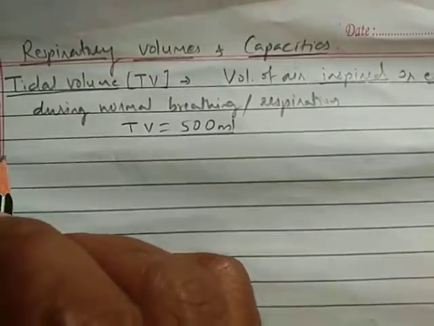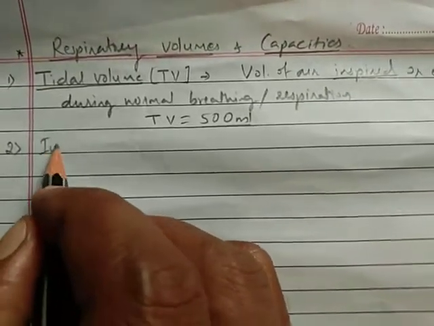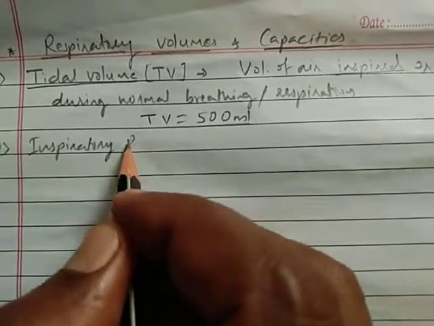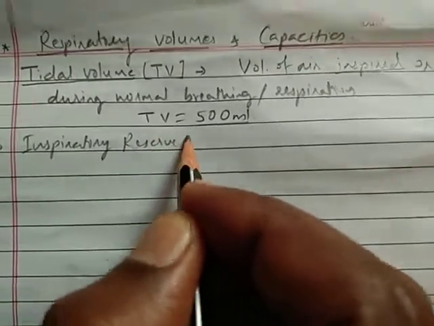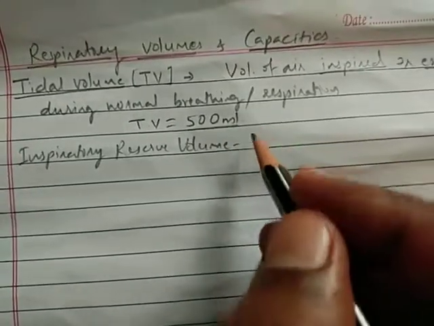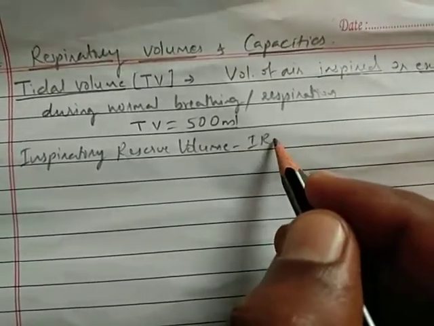The first one is tidal volume, and the next one is the second, inspiratory reserve volume, mentioned as IRV.